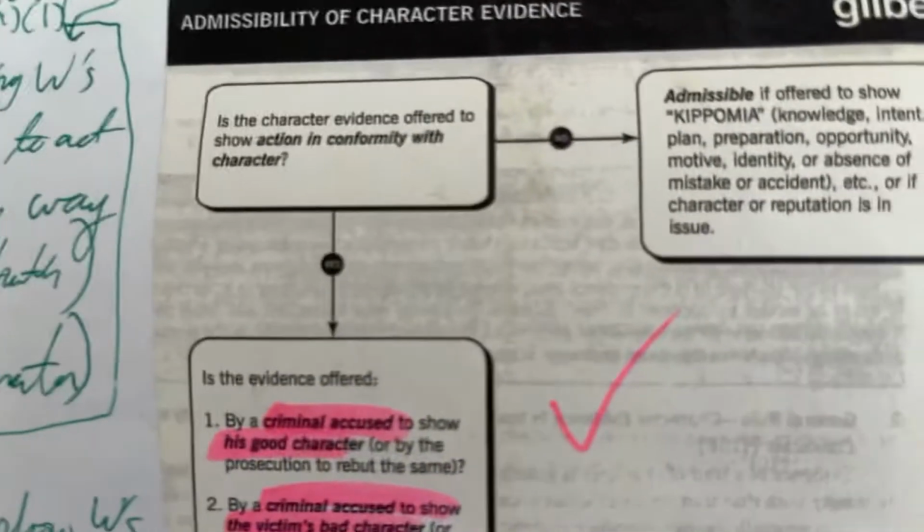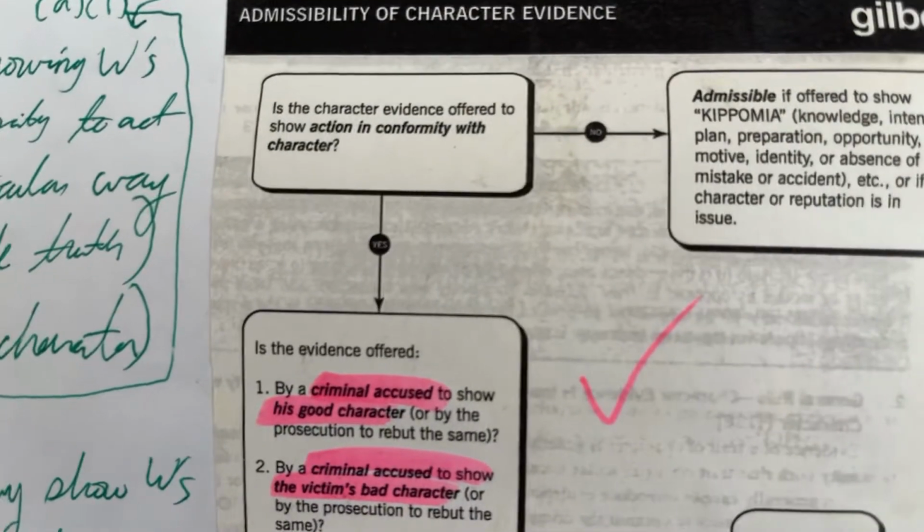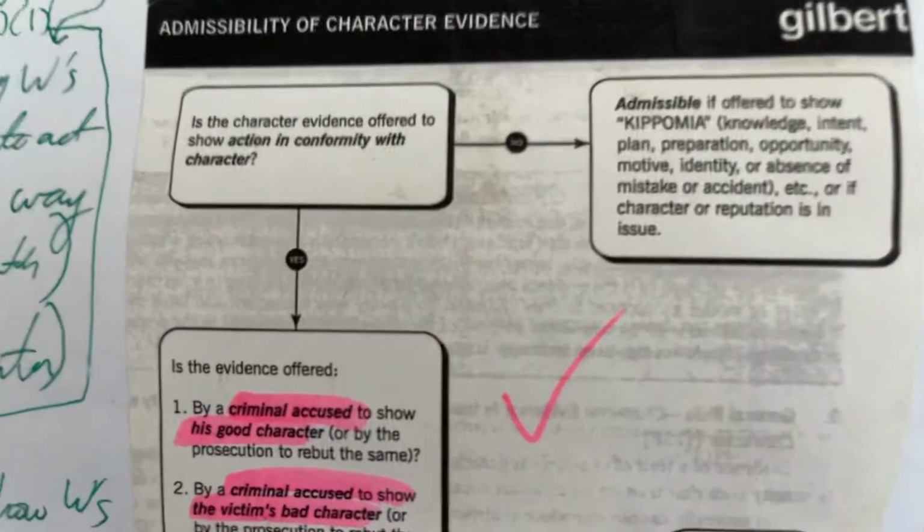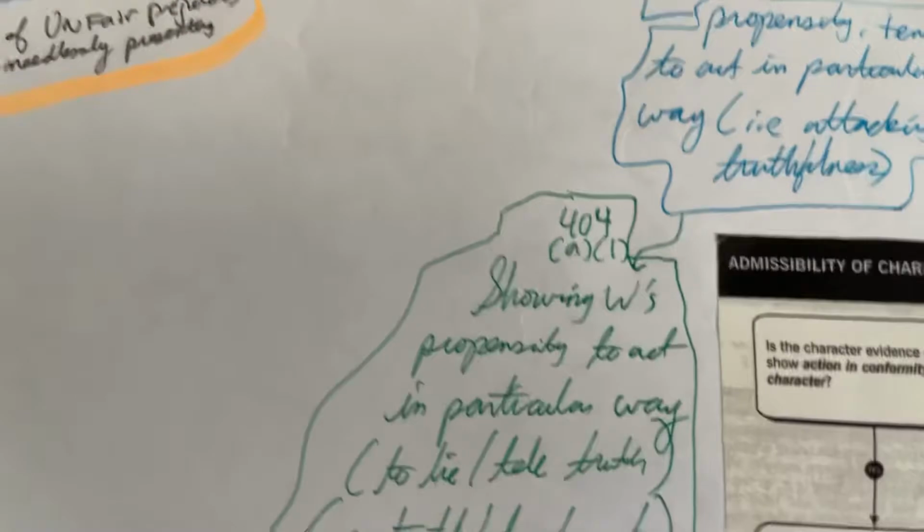We start with: is the character evidence offered to show action in conformity with the character? If the answer is either yes or no, we get different results.